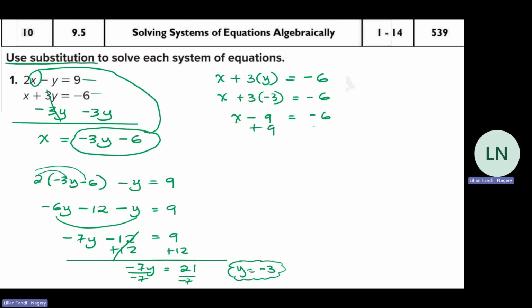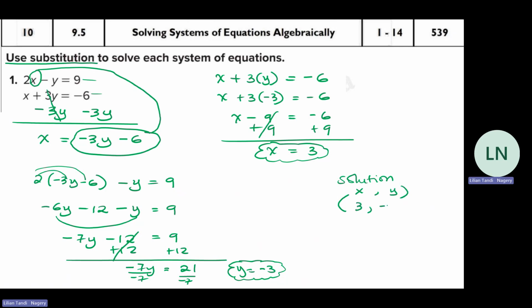Add 9 on both sides. x is 3. Okay, then you write solution. You start with x and then y. So you have (3, negative 3). And you box your answer. Okay?